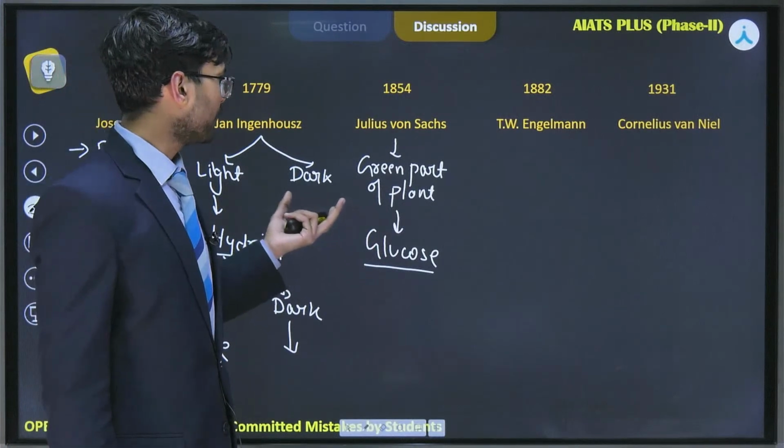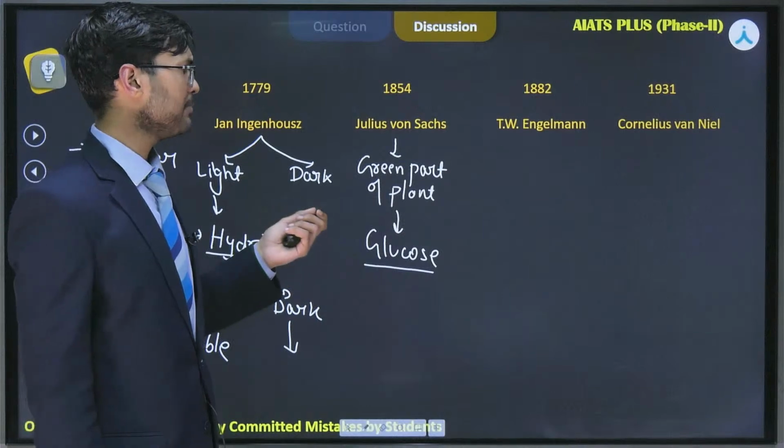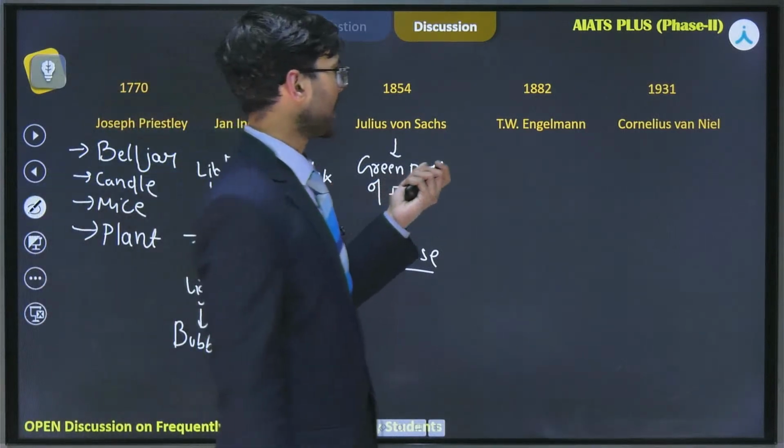Now after Julius von Sachs came another scientist in around 1882.